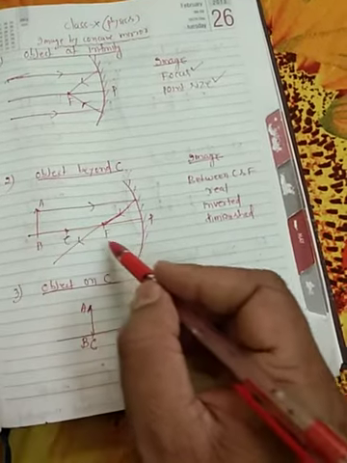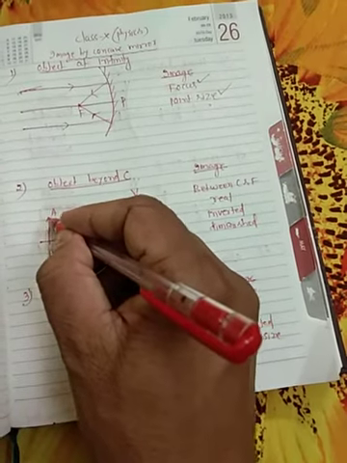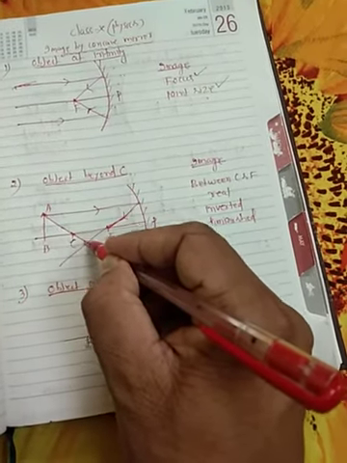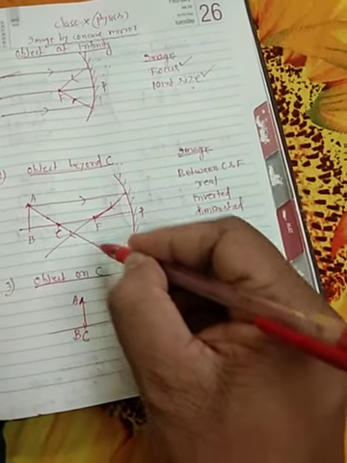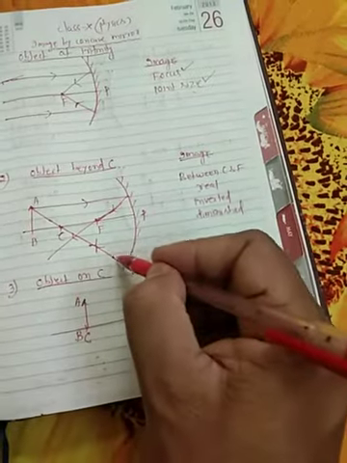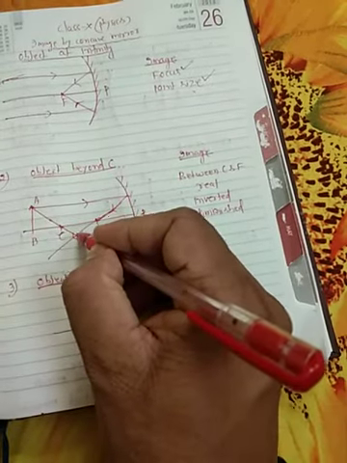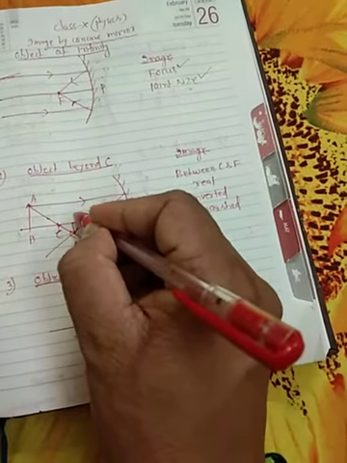If you take a ray through center of curvature, it will return back. So this is one reflected ray, this is another reflected ray. They will meet at this point. So this is your image, A dash B dash.